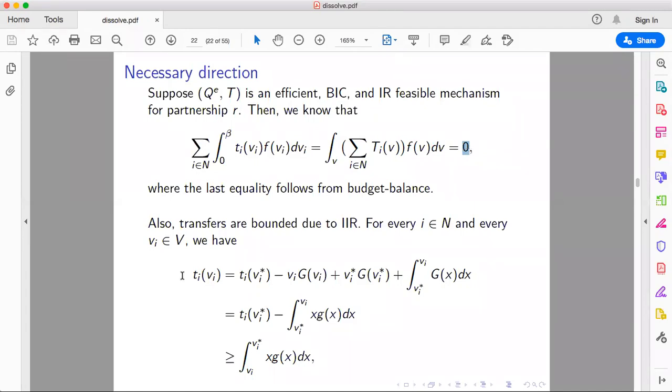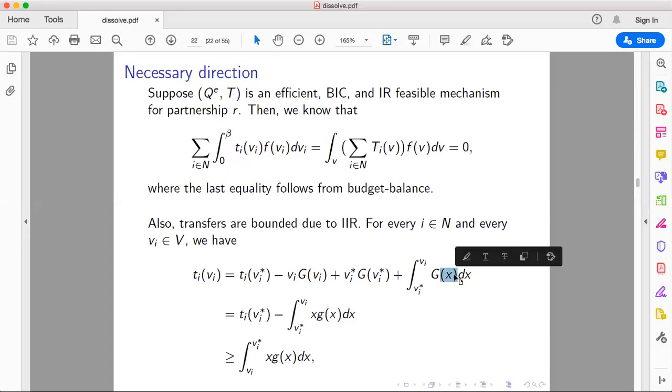Now we are going to use the Bayesian incentive compatibility characterization, which basically said that the interim payment at any type VI can be written as the interim payment at the lowest type. Well, not the lowest type in this case, but the type where you get the lowest possible marginal payoff, which is V star I, plus or minus some terms which depend on the allocation probabilities given by these G functions.